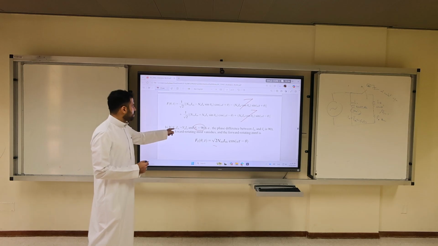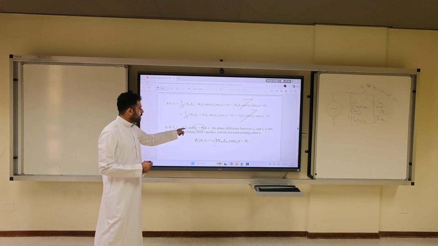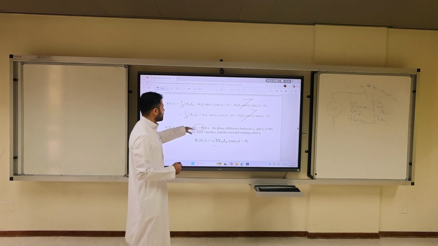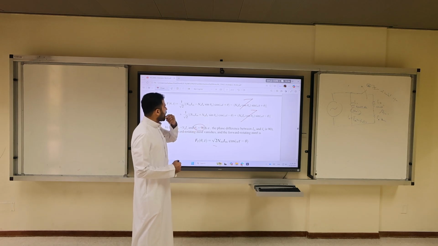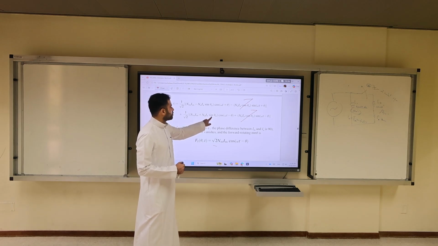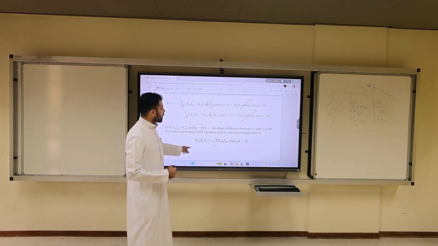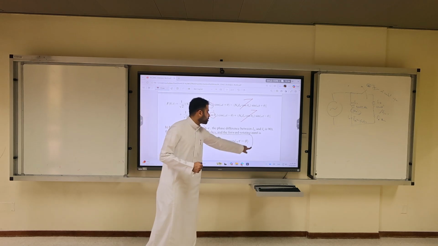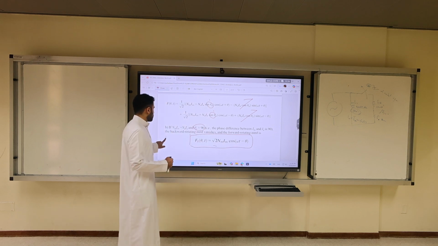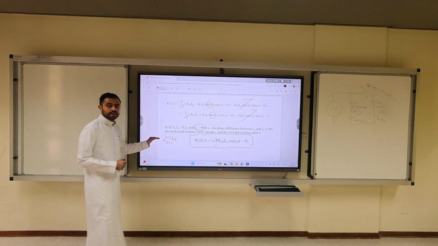If N main I main equals N auxiliary I auxiliary, meaning make everything equal, and what is sine theta? This will be 1. This will be 1. Add and multiply, it will be simplified to a rotating MMF. This is a rotating MMF. And what is a key feature of this rotating MMF?